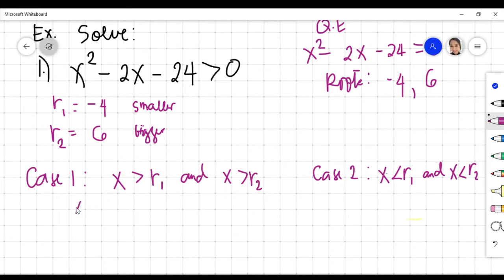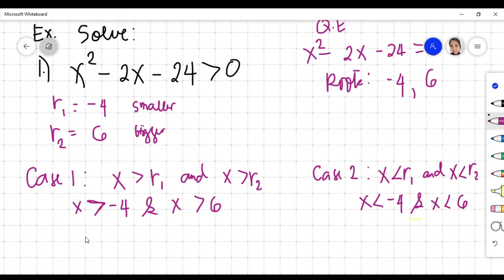So x greater than r1, which is -4, and x greater than 6. For case 2, we have x less than -4 and x less than +6. So let's graph case 1.